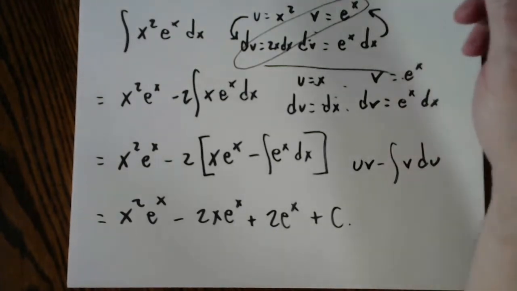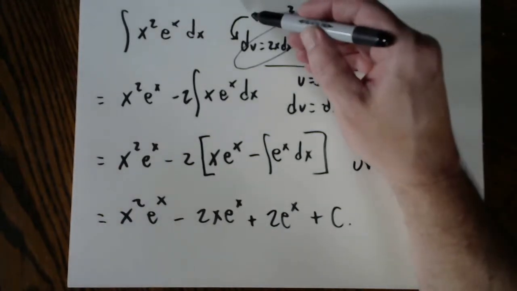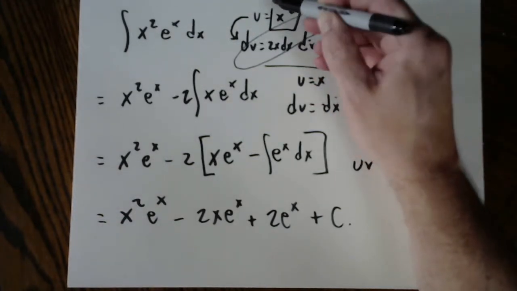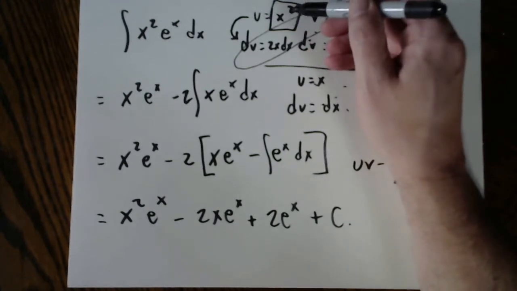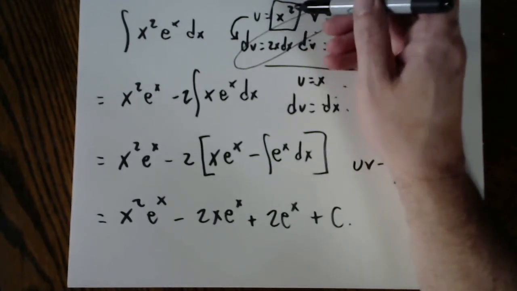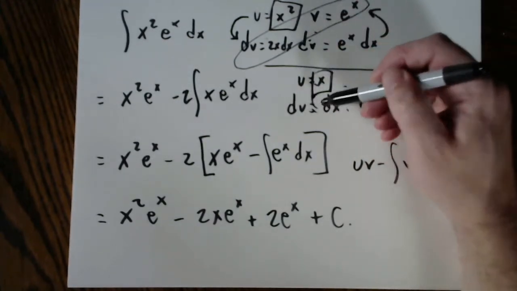So the idea is this. When I take a derivative of a power, that power is reduced, right? Bring down the 2, the square becomes linear, the square of 2 to 1. When I take the derivative again, x to the 1, it vanishes.